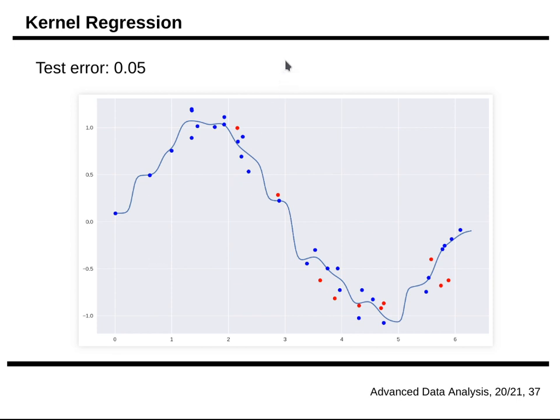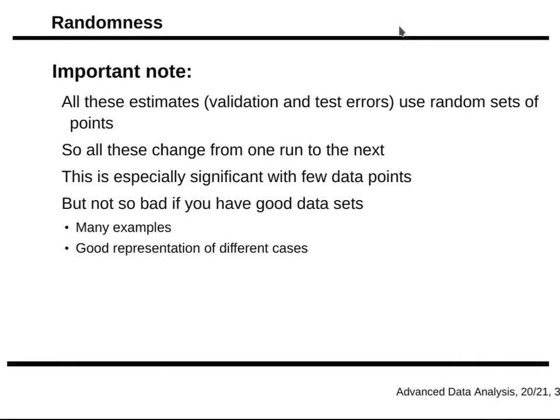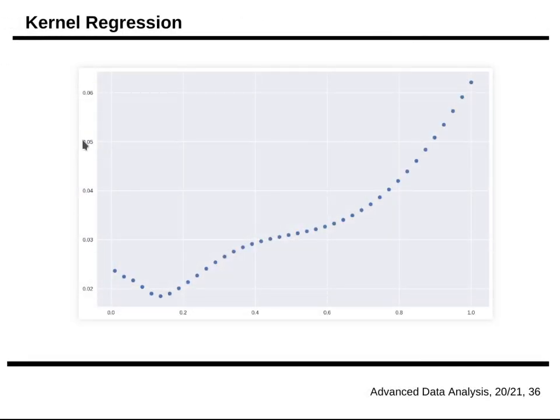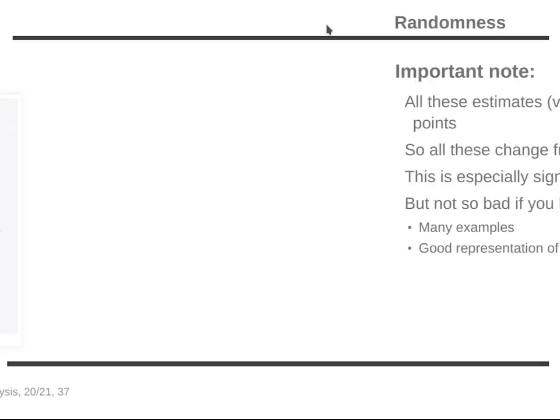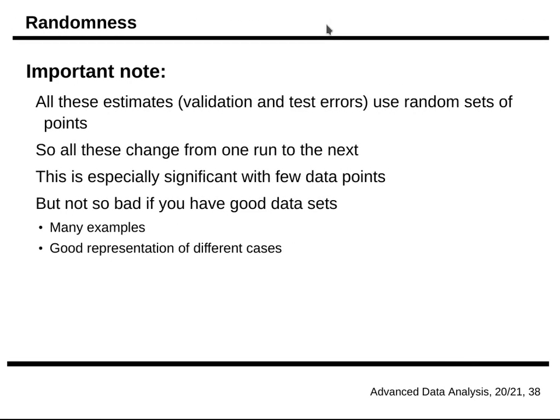Note that if we have a different distribution of train, validation, and test points, we can get a different profile here and find a different value for h. So if you try to replicate these results, you will find that they may change quite a bit. But this happens especially because we have a small data set, and it's on purpose so that you can see these effects.